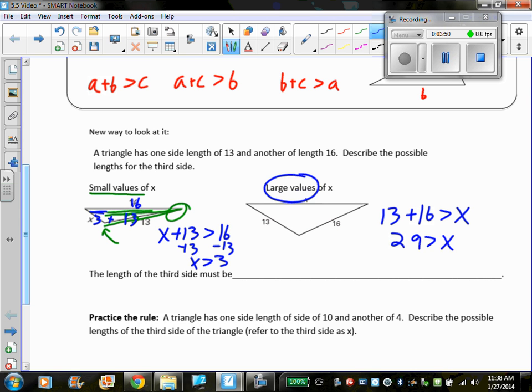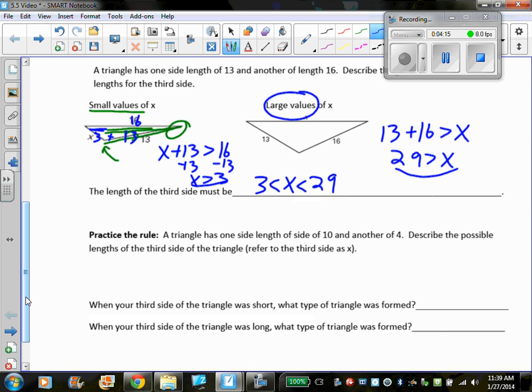So we have two pieces of information. x is greater than 3, and 29 is greater than x. Putting those together, we know that 3 is less than x, but x is less than 29. So the side length has to be between 3 and 29 in length. You can either use this picture approach, or you can use the inequalities to figure it out.